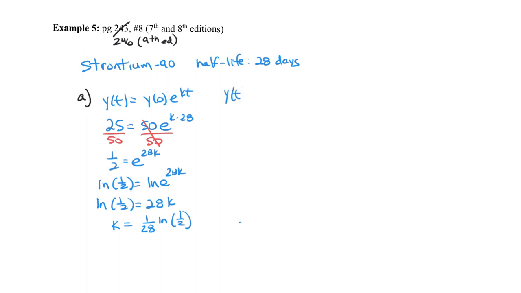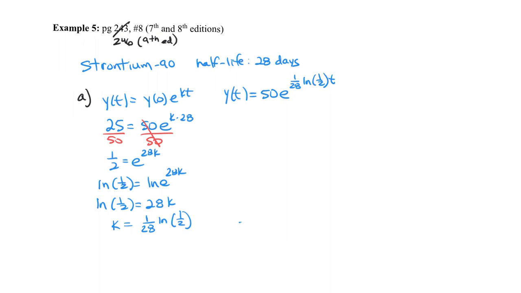So I have y of t equals y of 0, which is 50, times e to the k, which I have as 1 over 28 times the natural log of 1/2, times t. Okay, and I'm just going to algebraically manipulate this. These are being multiplied together, right? 1/28 times natural log of 1/2 times t.